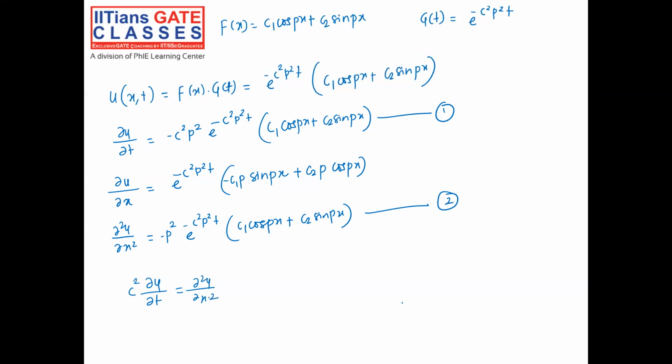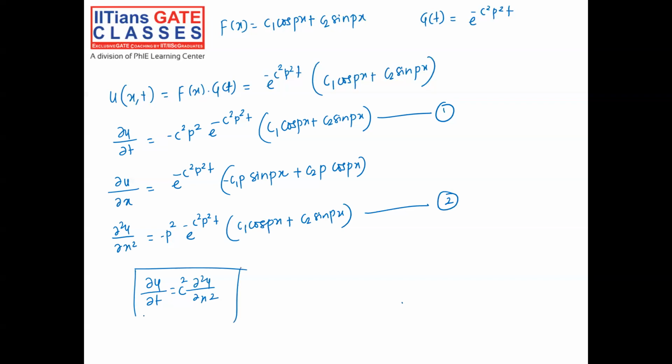The only difference in these two equations is that we don't have the c square term in the second equation, which we have in the first. So I should write it like this: dou u by dou t is equal to c square times dou 2u by dou x square.